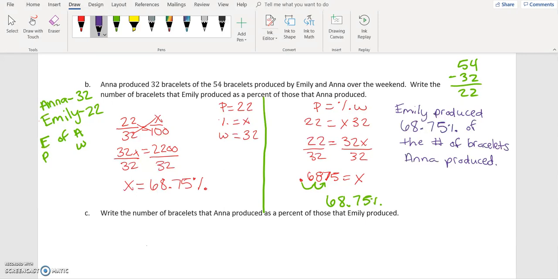Okay, and so we can see that that makes sense. Emily produced less than Anna, so her percentage should be less than 100%.